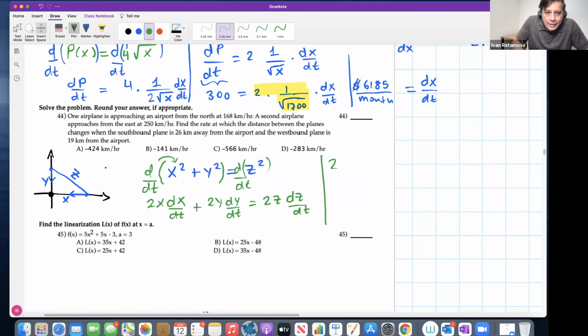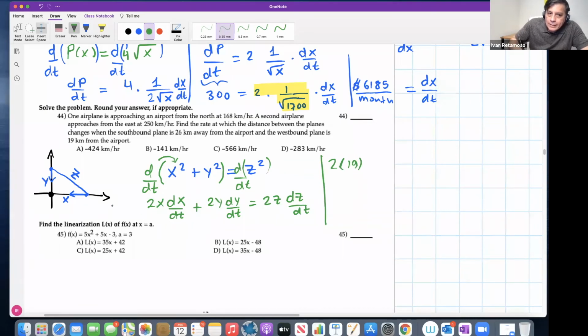Let's find out what we don't have. The distance x is given here. They say that the westbound plane is at 19 kilometers from the airport. That's the moment when they want you to figure out the rate of change of the distance between the airplanes, if you read the word problem. So this should be just 19.